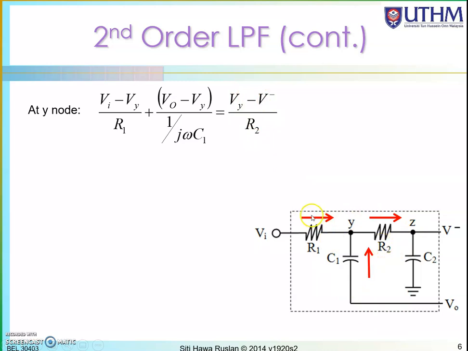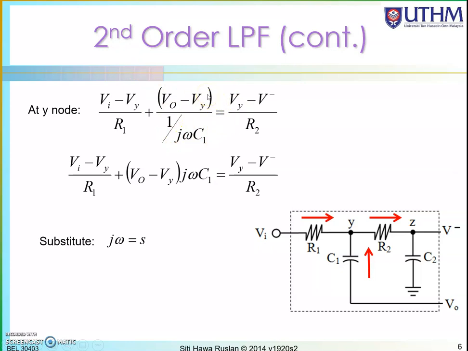So using Kirchhoff's current law, this current plus this current is equal to this current, and this is the equation for that one. Simplify the equation. Okay, so I bring j omega C upwards, and to simplify, I substitute j omega with S. Okay, so you'll get this equation.